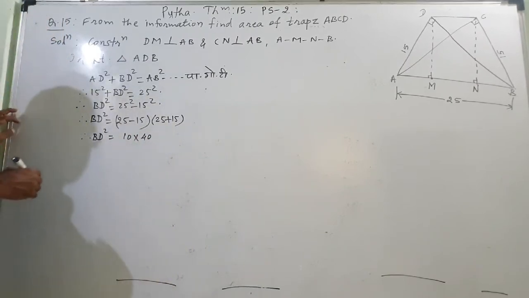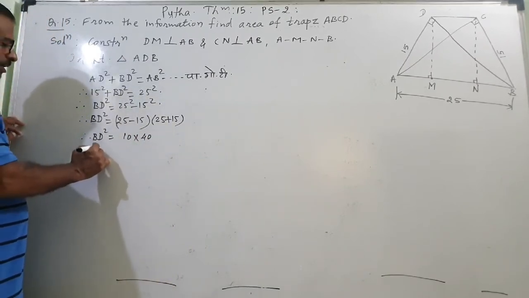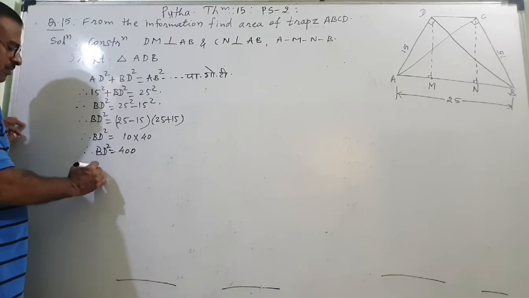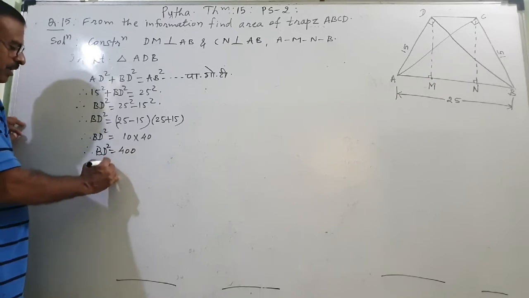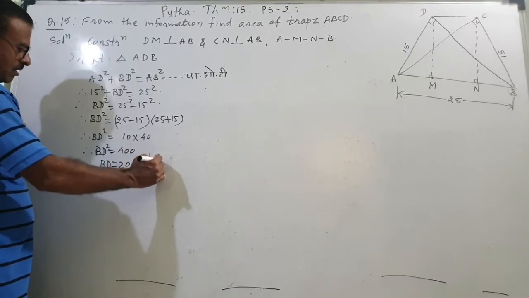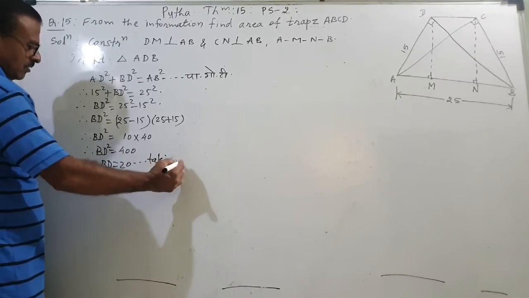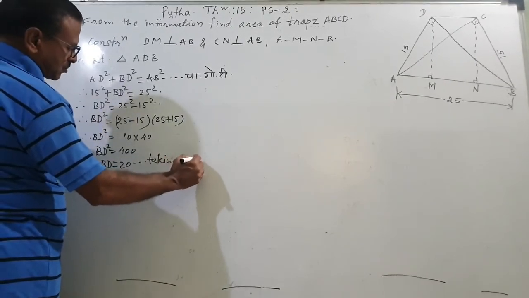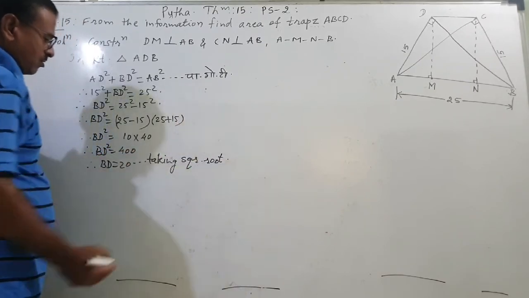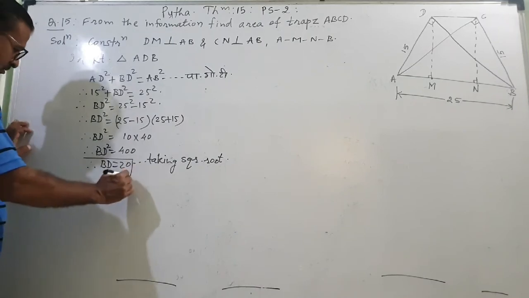See this. Therefore, BD square is equal to 400, and taking the square root, BD is equal to 20.